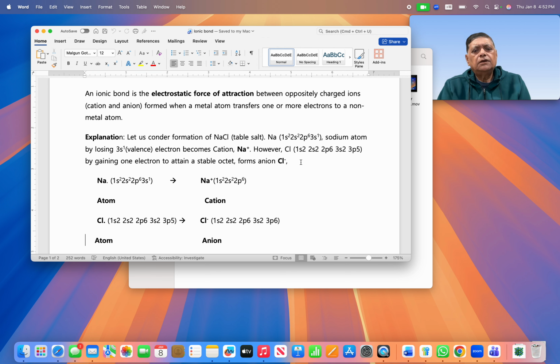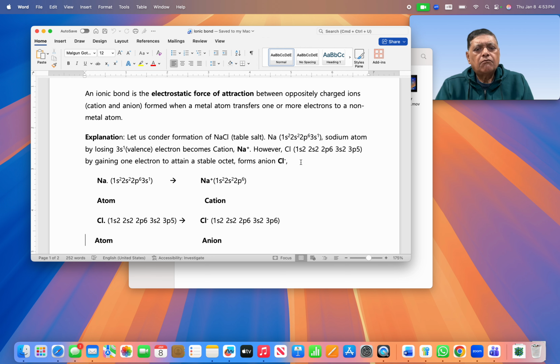This electronic configuration is equal to neon, and 3s1 is in the valence shell. That means the 3s1 electron is removable, ionized. Sodium loses it to form a sodium cation.